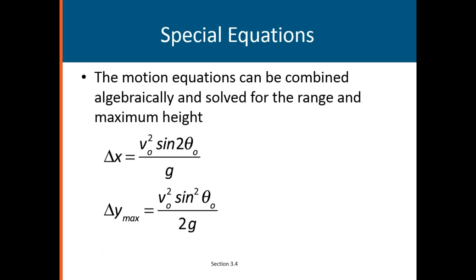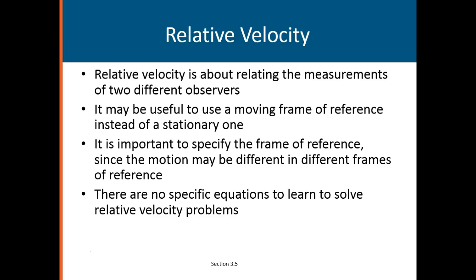That was 3.2 something in your book, but it's 3.4 in the old edition. All right, now we're moving to, in the new book, 3.3. The old one was 3.5, but it's a new section here: relative velocity.